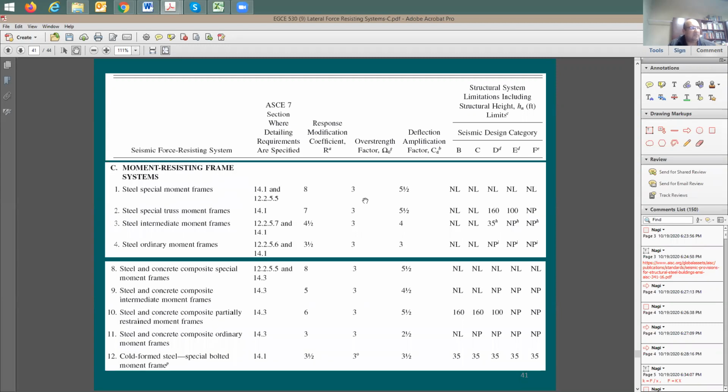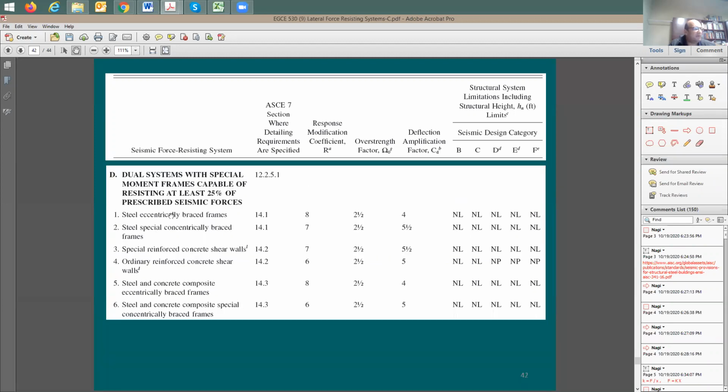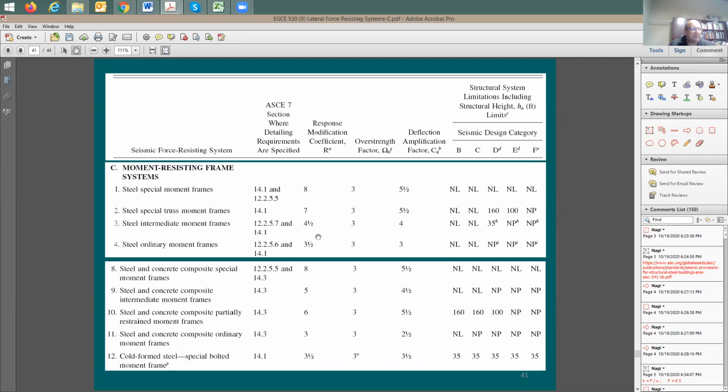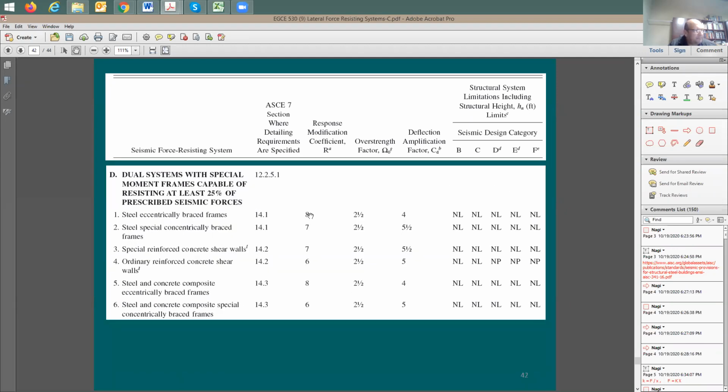So what you need to do is look at this system at C1, you're going to be looking at this 8, and then compare it with the R factors. D2 is going to be 7, and you say this one is going to be more ductile than this. It's going to be the answer.